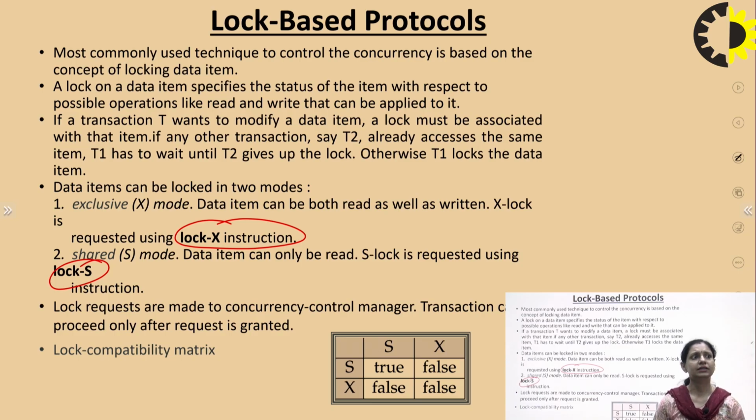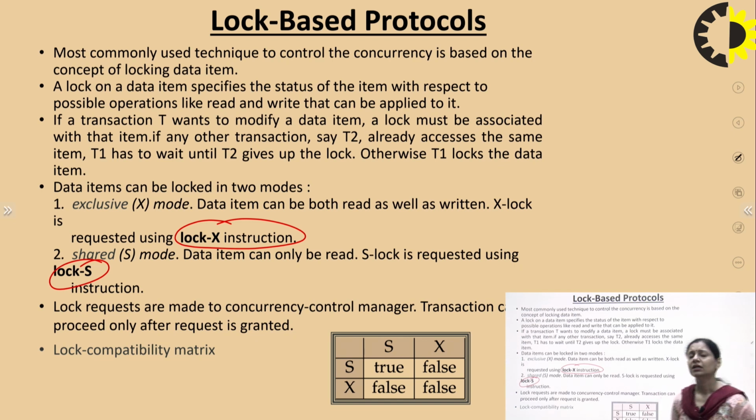So, a lock on the data item specifies the status of the item with respect to the possible operations like read and write that can be applied to it. So, if a transaction T1 wants to modify a data item, a lock must be associated with that item. If any other transaction, say T2, already accesses the same data item, T1 has to wait until T2 gives up the lock. Otherwise, T1 locks the data item.